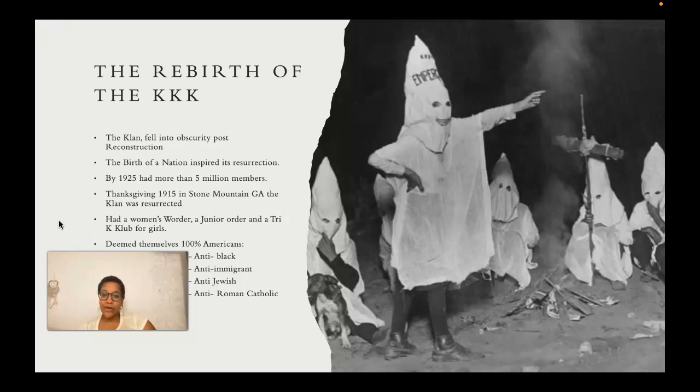They had a women's order, a junior order, and a Tri-K club for girls. KKK for kids, y'all. This is actually the picture that you're looking at. This is the kiddie order. This is the children, the Klan children. They understood themselves to be 100% Americans. And what that meant was they were anti-black, they were anti-immigrant, they were anti-Jewish, and they were also anti-Roman Catholic.